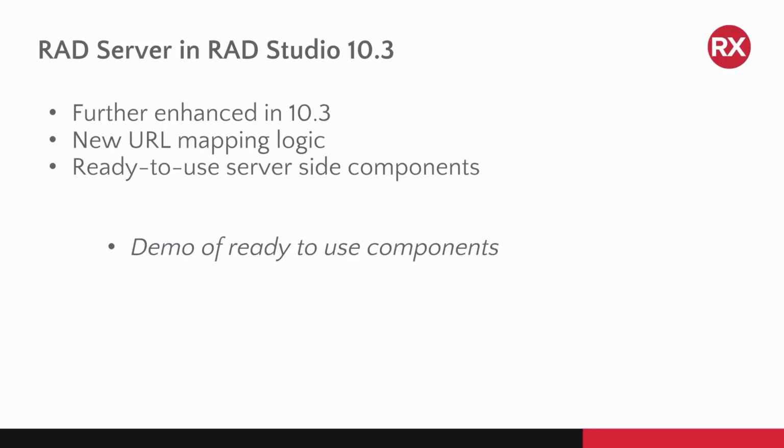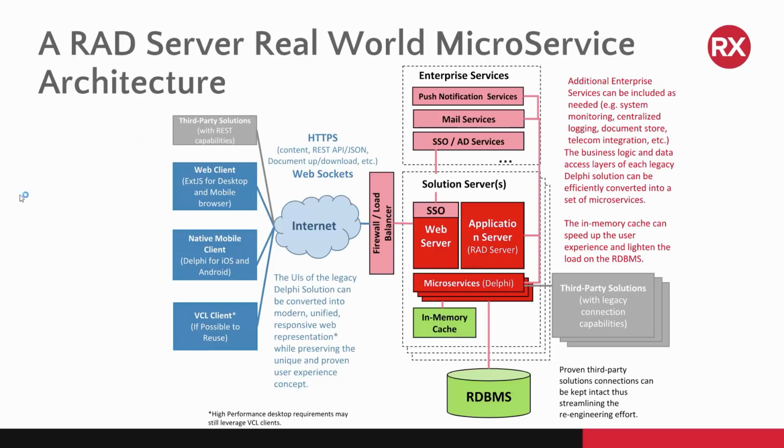Again, there are several extensive demos that we have already made available, for example, for CodeRage, in blog posts, and in other resources if you want to delve into RAD Server capabilities in general or in RAD Studio 10.3 in particular.